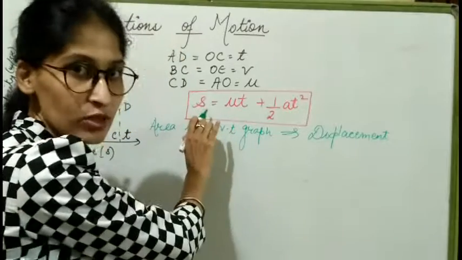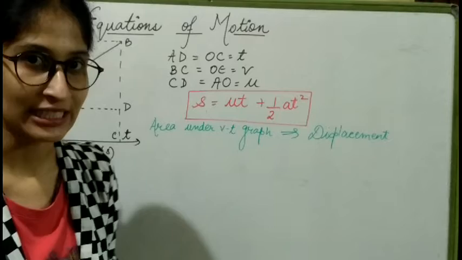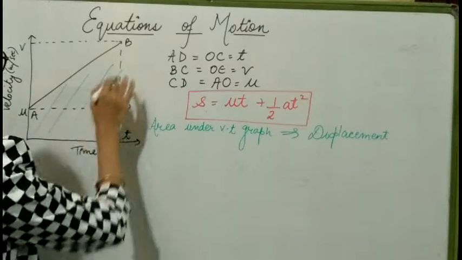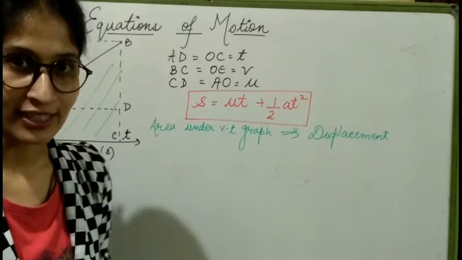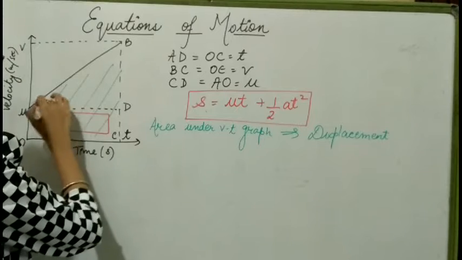So to calculate the total displacement, I have to find the area under the VT graph. This complete area is divided into a rectangle and a triangle.